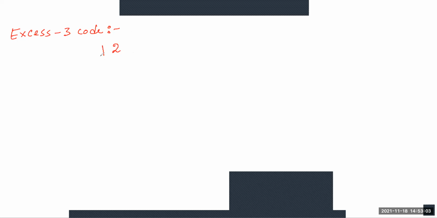So if this is a BCD code, XS3 means we just add 3 to each digit. So how will we write it here? This is 3 and 3, because this is BCD code. Our result is 3 plus 2, 5, and 3 plus 1, 4.